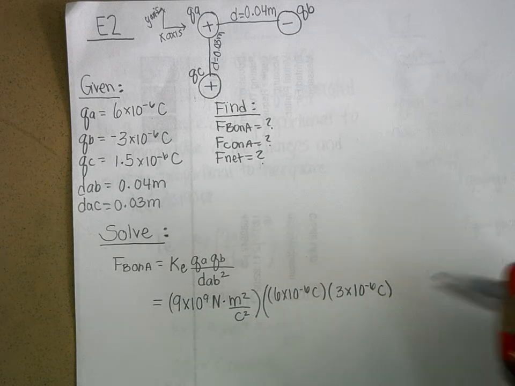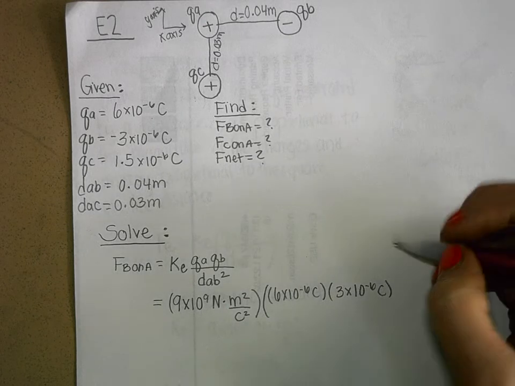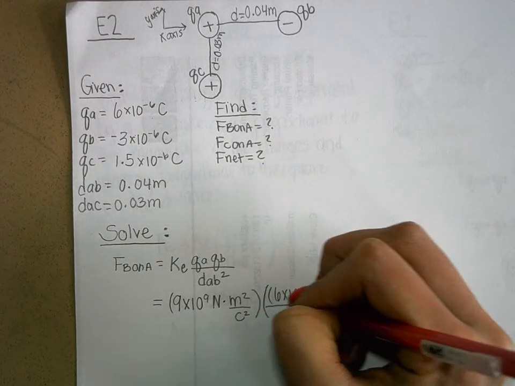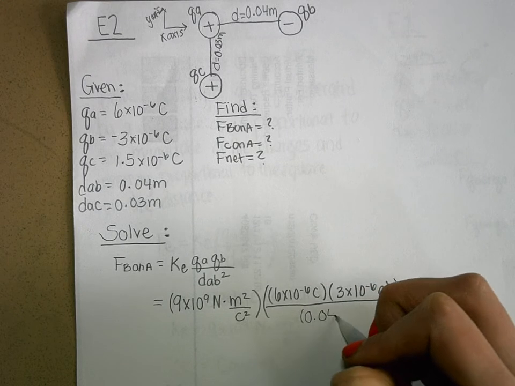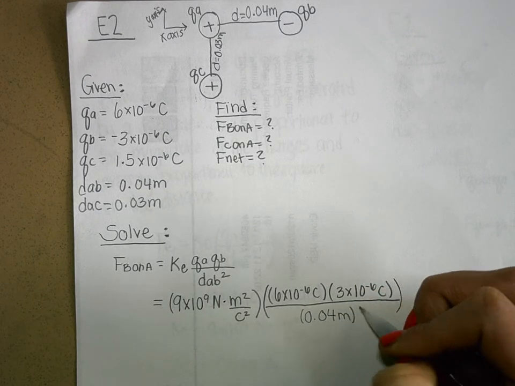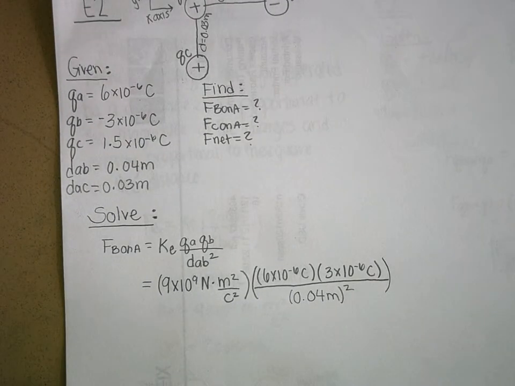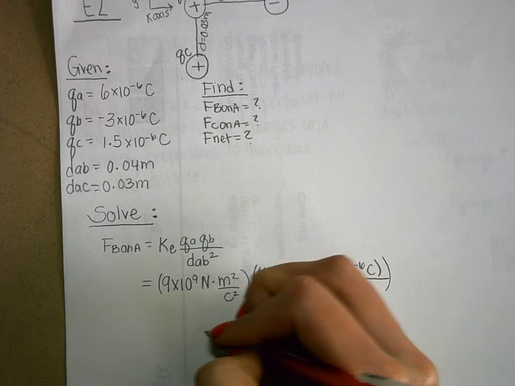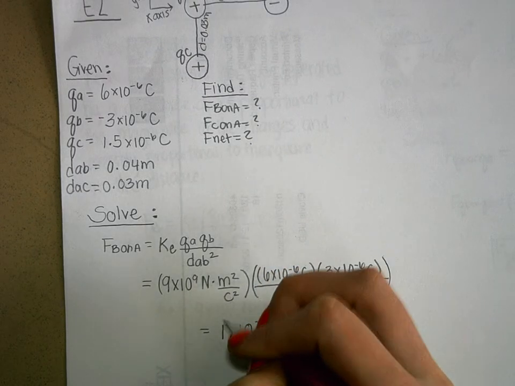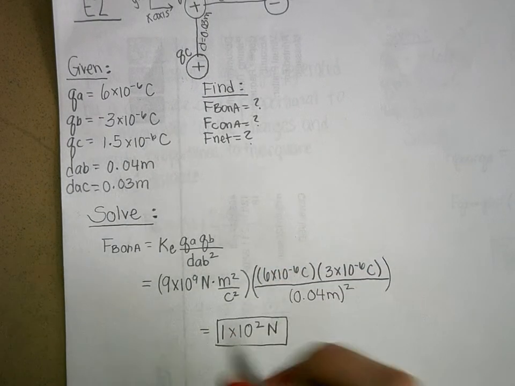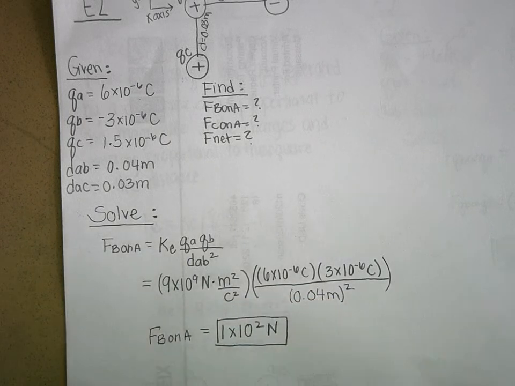Remember, we're not using the negative sign because that plays in with the direction of the force. Right now we're just finding the magnitude. Then we're going to divide by 0.04 meters squared. And when you plug that into your calculator, you should get 1 times 10 to the 2nd newtons. That is our force of charge B on charge A.